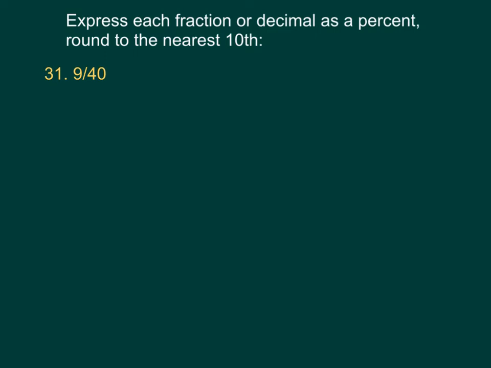The next section asks us to express each fraction or decimal as a percent, rounding to the nearest tenth. I find the easiest way to do these is just to plug my fraction into a calculator, and I get 0.225.